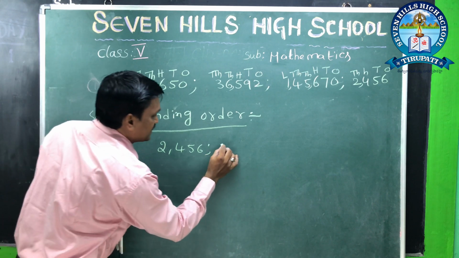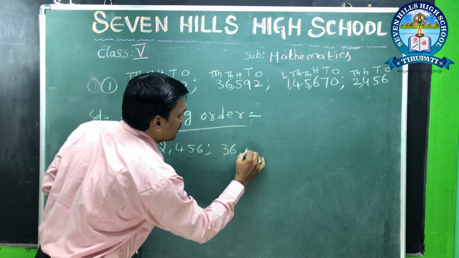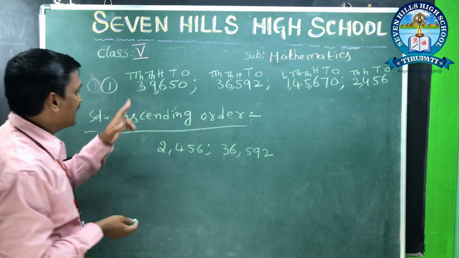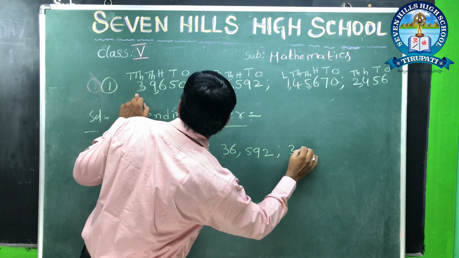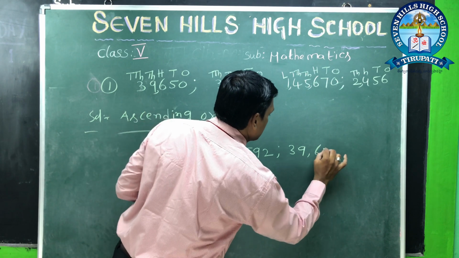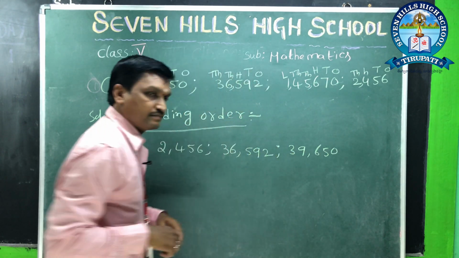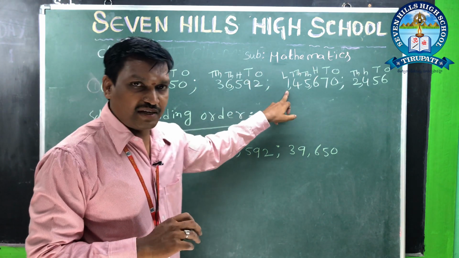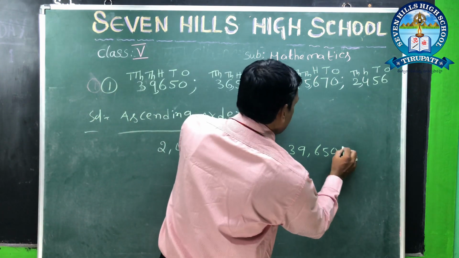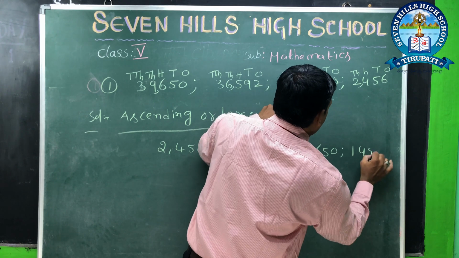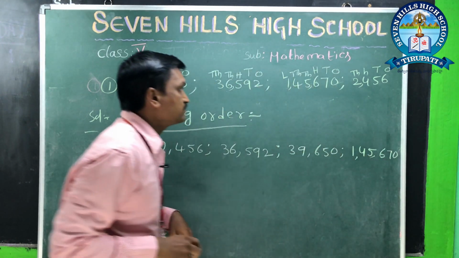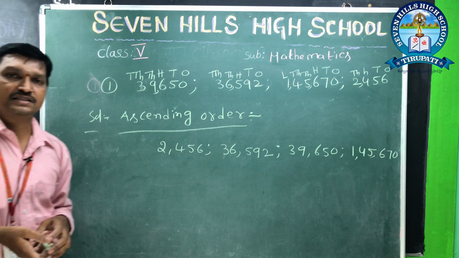So next we can write 36,592. Next, 39,650. Yes, these are the smaller ones. Next, the remaining number is 1,45,670. That is the biggest number.